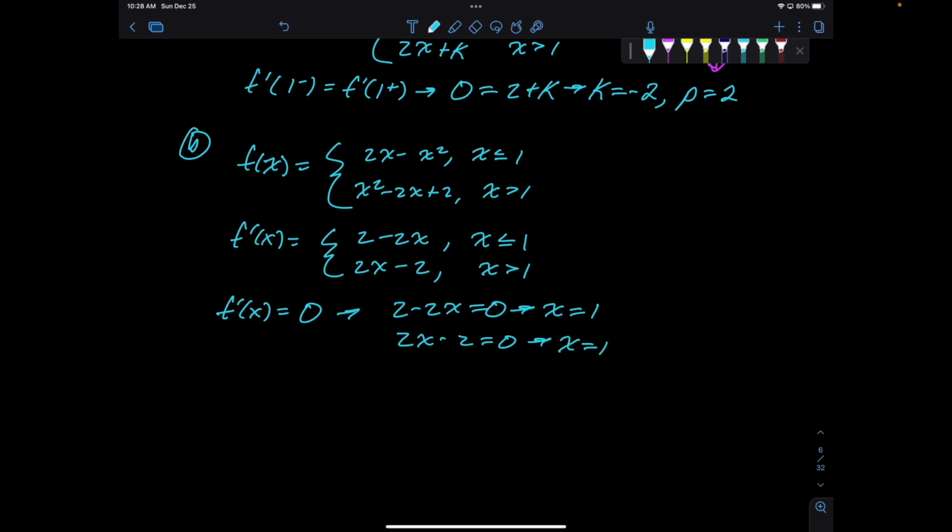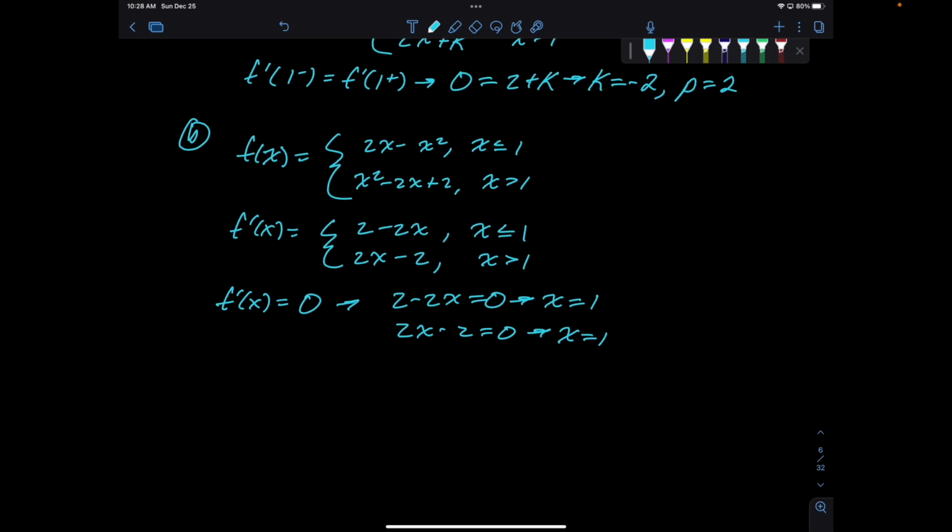I guess was that obvious? You didn't need to get a slope of 0 at the... well, I guess you did because f prime of 1 from the left was equal to 0, so maybe you did. But anyway, I had to do that to be sure what was going on. I'm making a slightly confused sign chart. This is what happens when you do real AP questions. You have to really think it through.